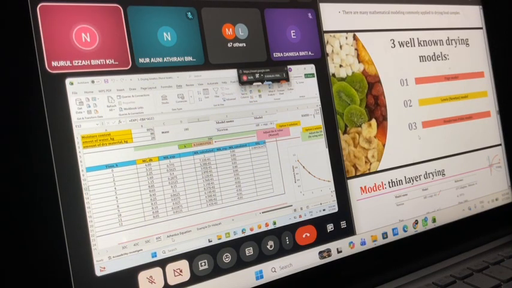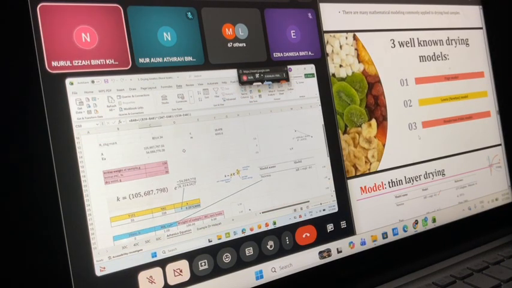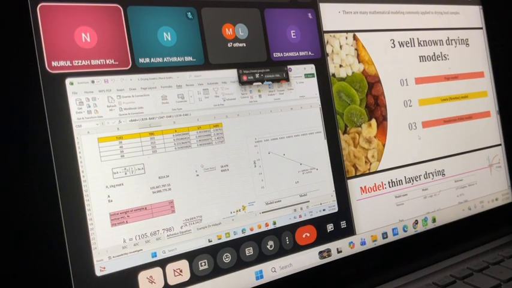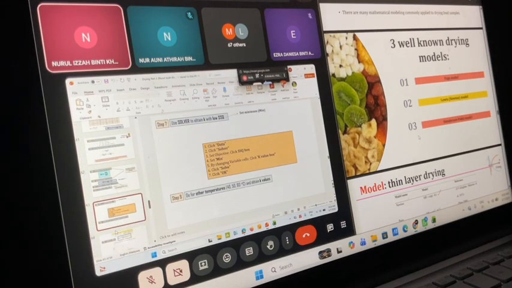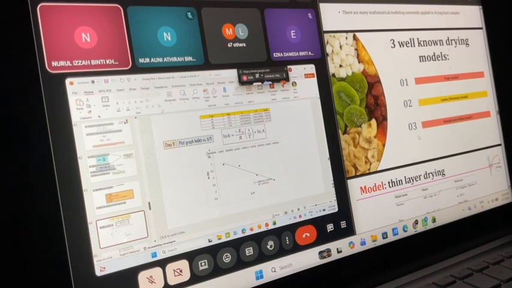And then you have to create another equation. So this is your data of k. To get k at 55 degrees C, you have to plot this data, because this is the Arrhenius equation.